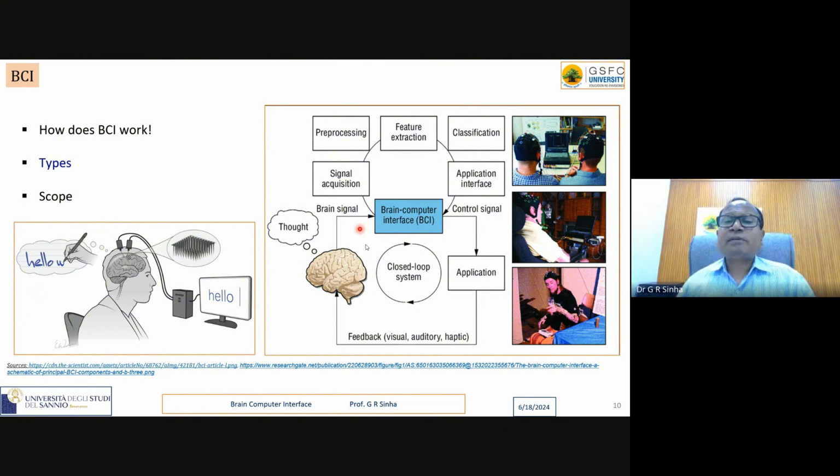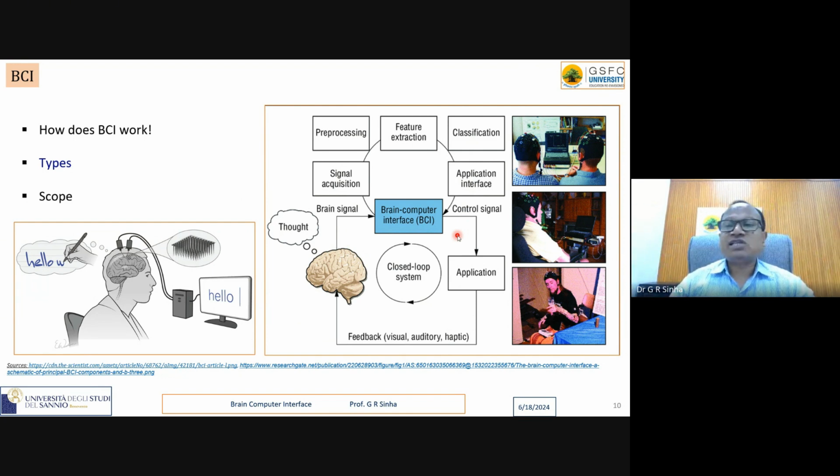So this diagram is repeating again and again. What is new? It is not new at all. BCI works in this manner only. The brain is connected with the computer. You get the brain signal with the help of a biomedical device and bring it inside the computer. You use a mathematical model, a mathematical algorithm, and signal processing methods to interpret the signal and translate it into a command.